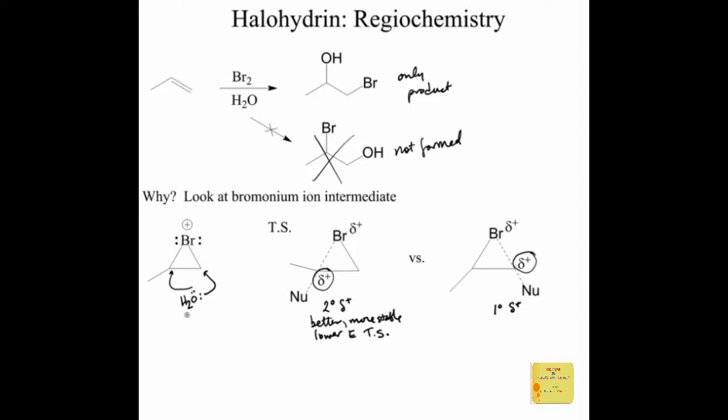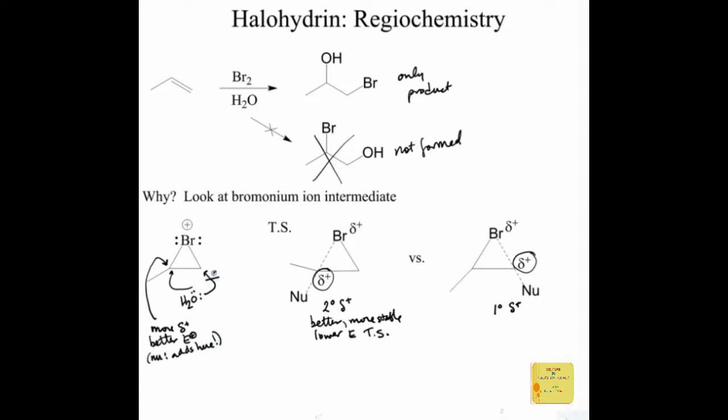Okay, so when the water goes to attack this bromonium ion and has to decide between these two positions, it's actually going to attack the carbon that's more highly substituted. Because this carbon, let me write this down here, has more partial positive, so it's the better electrophile. And that means the nucleophile adds here.